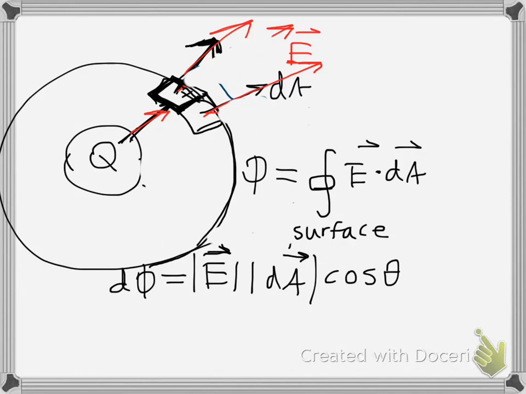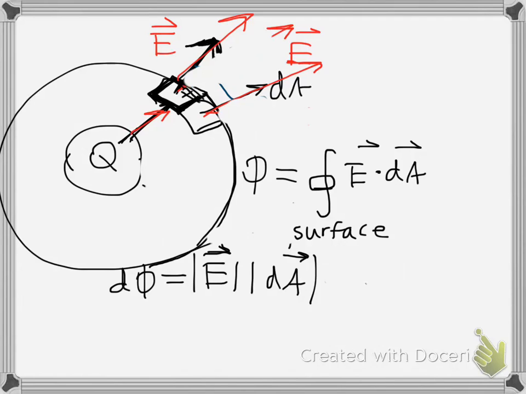Because if we have a charge here, then the electric field goes radially outward. So if it's a sphere, the area element is always parallel to the electric field. So theta is equal to 0. So cosine of theta is equal to 1. So we can take out this cosine of theta.